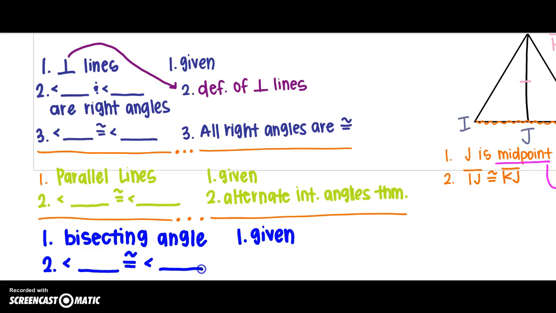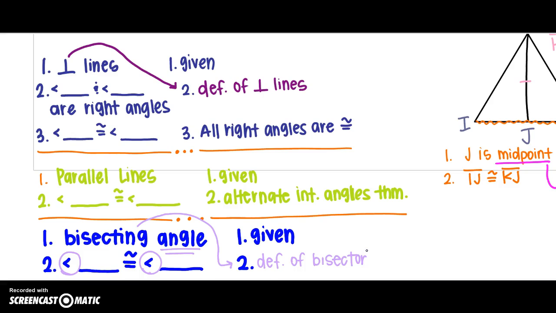If I bisect a candy bar, I get two congruent candy bars. That would be nice. If I bisect a segment, I'm going to get two congruent segments. If I bisect an angle, I'm going to get two congruent angles. And because I'm talking about bisecting, oh, that's funny, it's going to be the definition of a bisector.